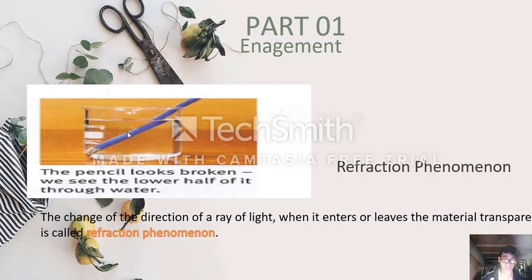When the pencil enters the interface between the two media, gas and water, the ray of light is bent. My students have already known that in grade 9.